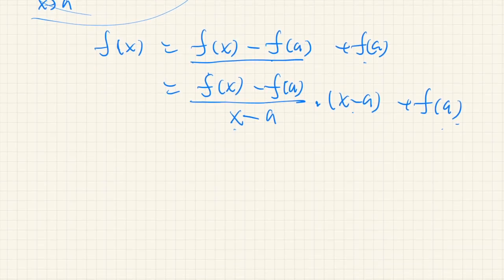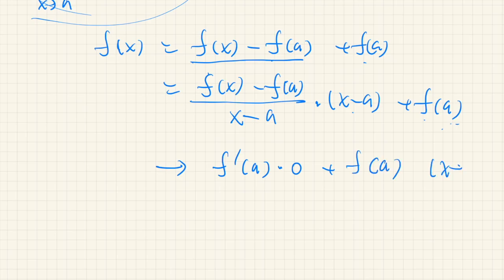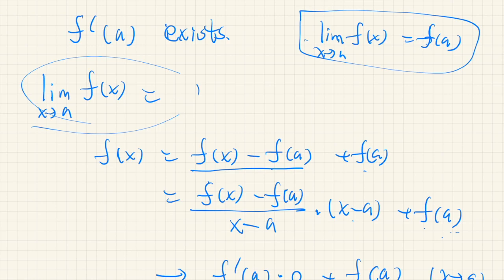Now, let's take the limit of x going to a. So this converges to f prime of a, and x minus a converges to 0, and f of a is just f of a as x goes to a. This is equal to f of a. Therefore, the limit is equal to f of a, and we are done.